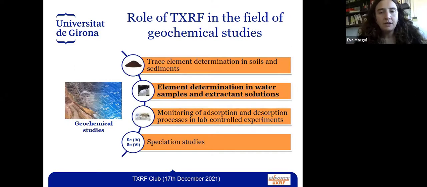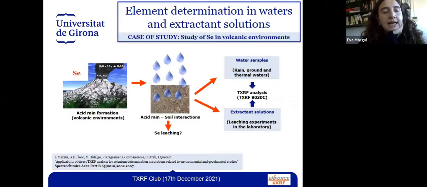Another interesting application of TXRF can be the element determination in water samples and also extractant solutions. Coming back again to selenium, sometimes it's also useful to know information about the potential selenium leaching from the soils, for instance, or to check the presence of this element in different types of waters.